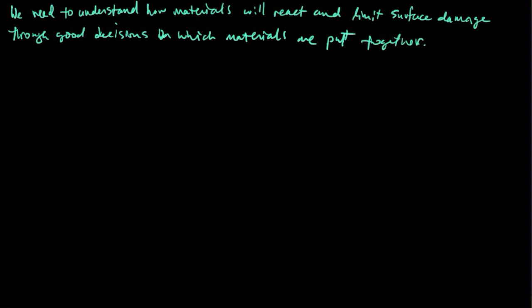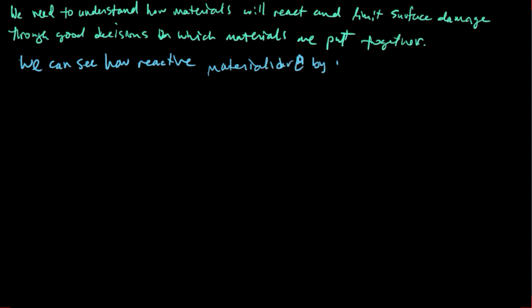So we can look at how reactive materials are with each other by taking a look at the galvanic index. Okay. So we can see how reactive materials are by looking at their galvanic index.